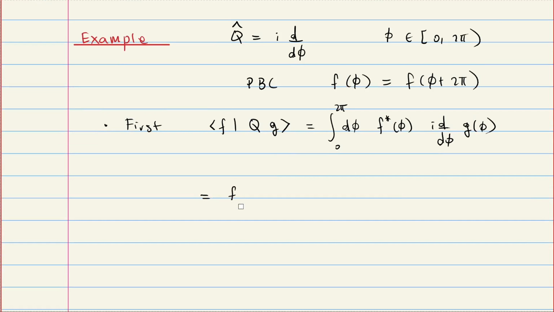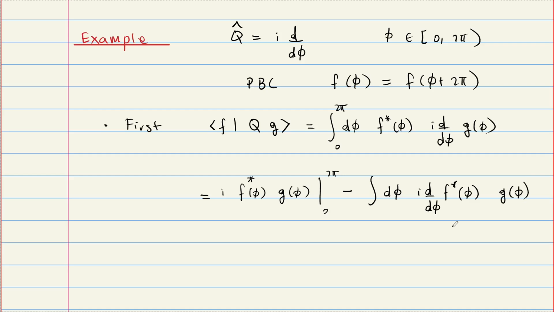This is going to be i f star of phi g of phi from 0 to 2 pi, minus the integral of d phi, i d/dphi of f star of phi times g of phi.